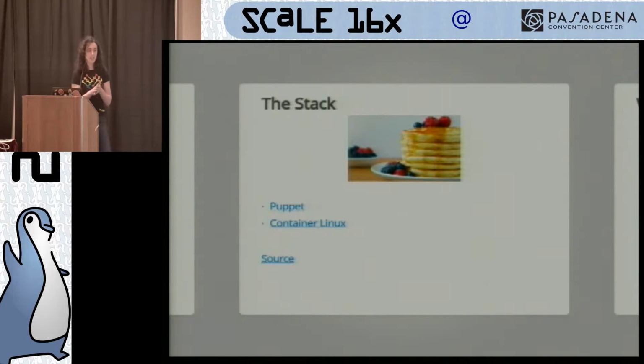And Container Linux is the next technology that we're going to be interacting with. So Container Linux is an operating system which is made by a company called CoreOS. And originally, the operating system was called CoreOS, and then the company CoreOS realized that they kept having to say the company CoreOS and the operating system CoreOS. So they renamed it to Container Linux.